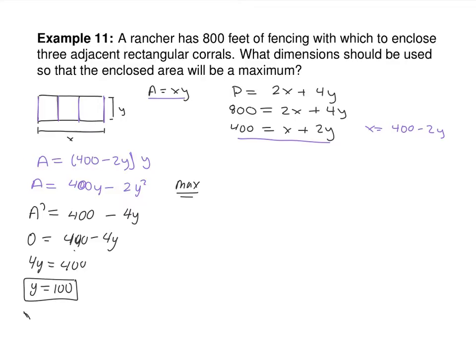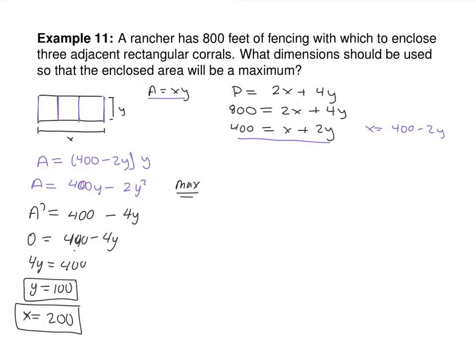And then your x is going to be 200. As long as you have a picture that explains what x is and what y is, don't specify what's what. Does that make sense? WebAssign will say something like the side that's dividing the pens, or they'll have a picture that explains how your variables are represented in the picture.